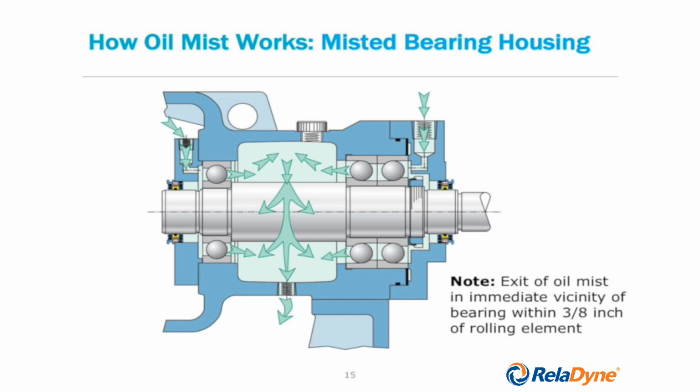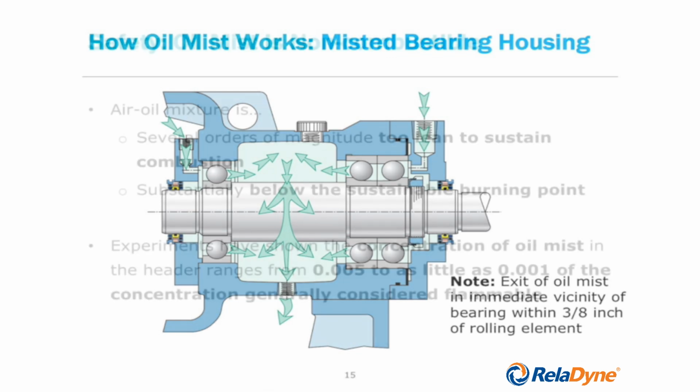So all of these leftover oil mist elements combine and are now in the middle of the bearing housing. And as you can see at the bottom of the bearing housing, we have a threaded connection that can be connected to a collecting tank.